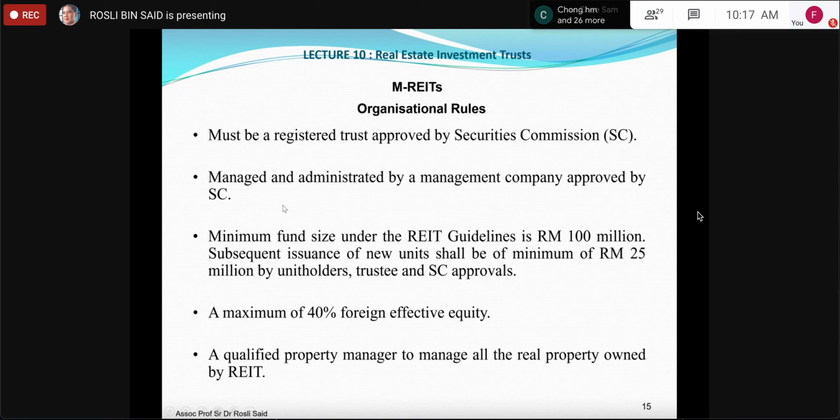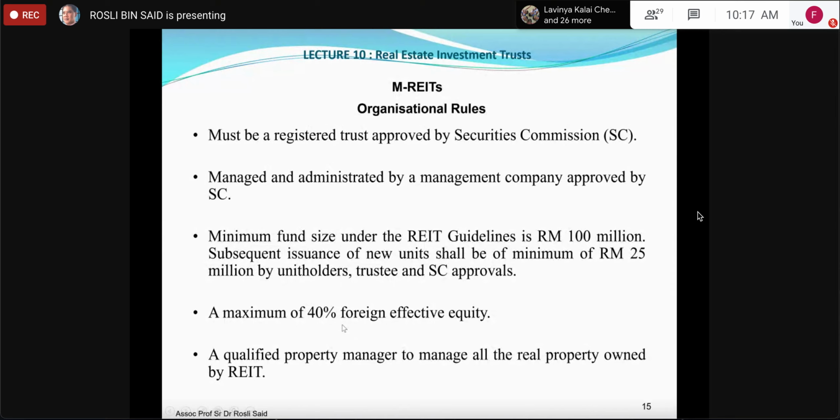Otherwise, they cannot become a REIT company. The minimum fund size under the REIT guidelines is 100 million. So the company must be very strong. If you do not have a fund size of 100 million, you cannot become a REIT company. And the subsequent issuance of new units shall be a minimum of 25 million per unit holder.